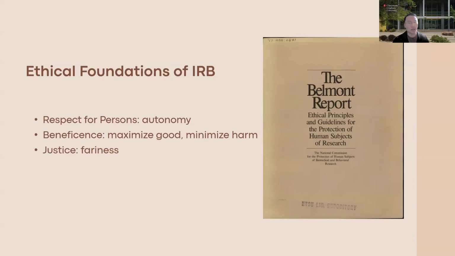So if you imagine that your study could benefit a certain community, then every member of that community should have an equal chance to participate. And also, if your study involves a certain community, then you should make sure that every member of that community should benefit from the results of your study.